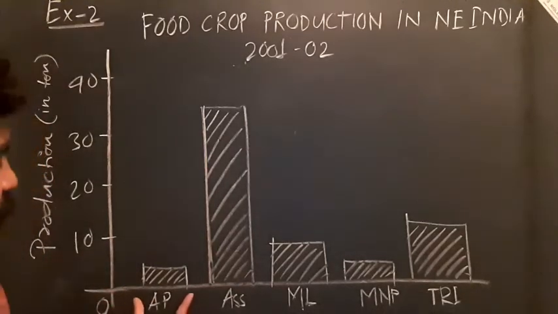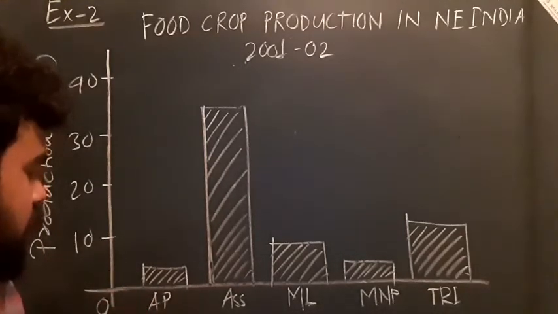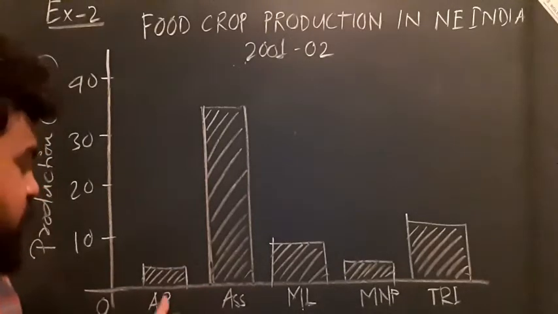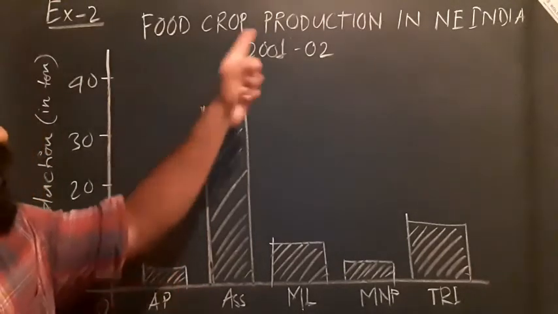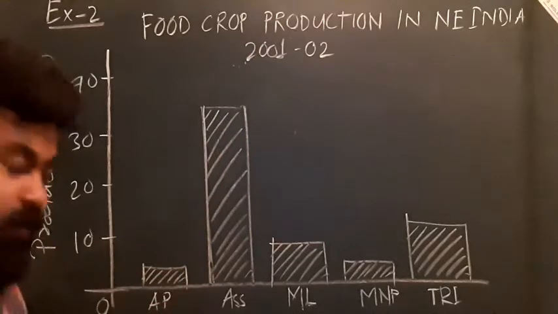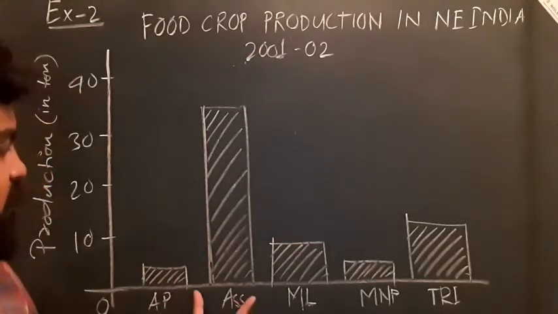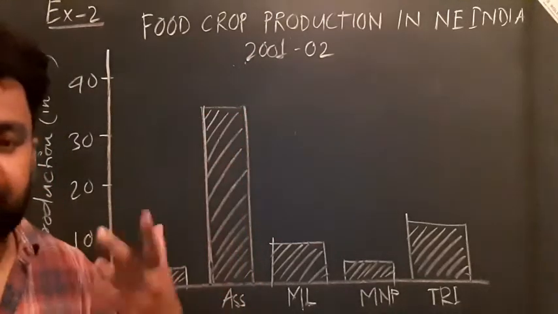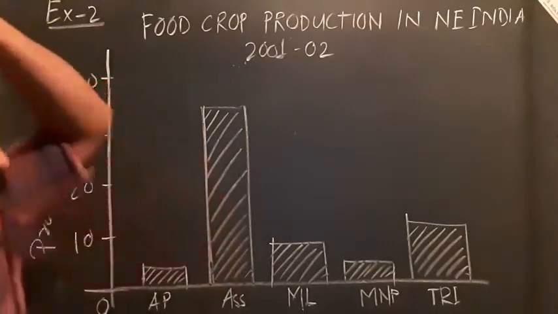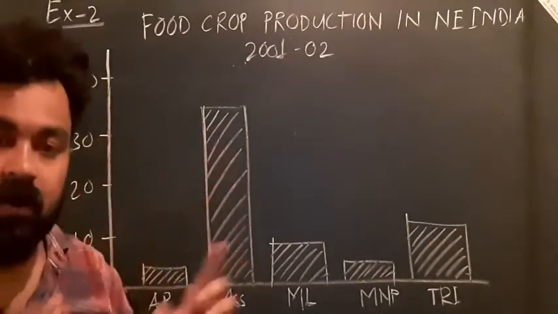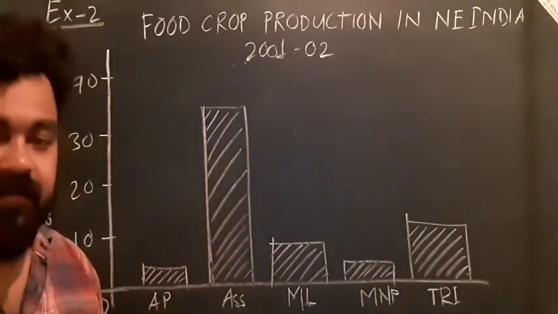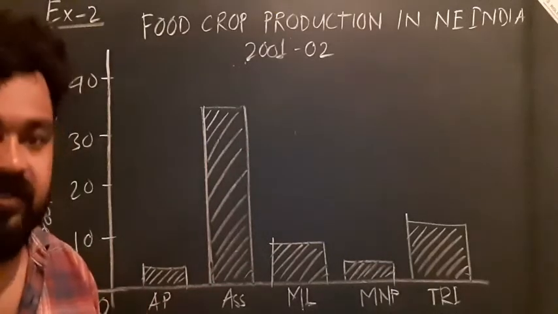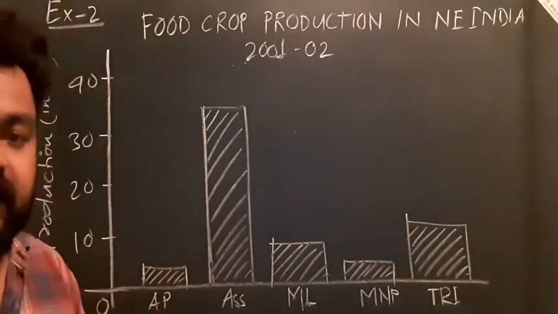So this first bar is representing Arunachal Pradesh. That means Arunachal Pradesh generally has low food production, very few. Then Assam. We know geographically Assam is a plain area, and it has a vast difference from all the other hilly regions because plain regions generally get the advantage as their transportation and network communication is good.